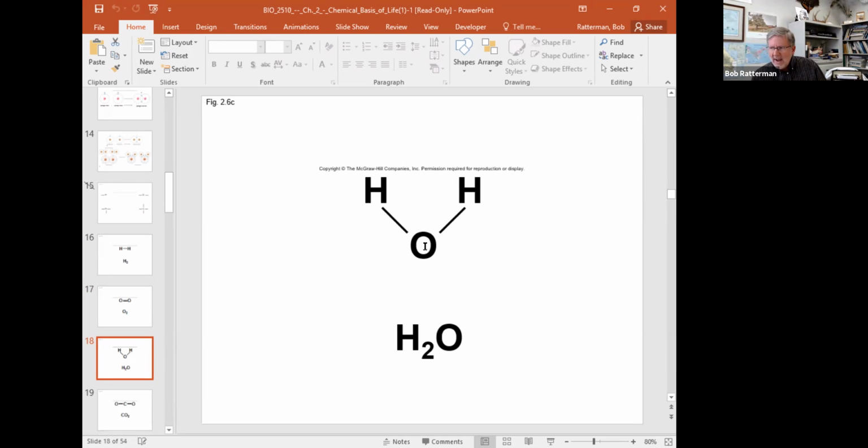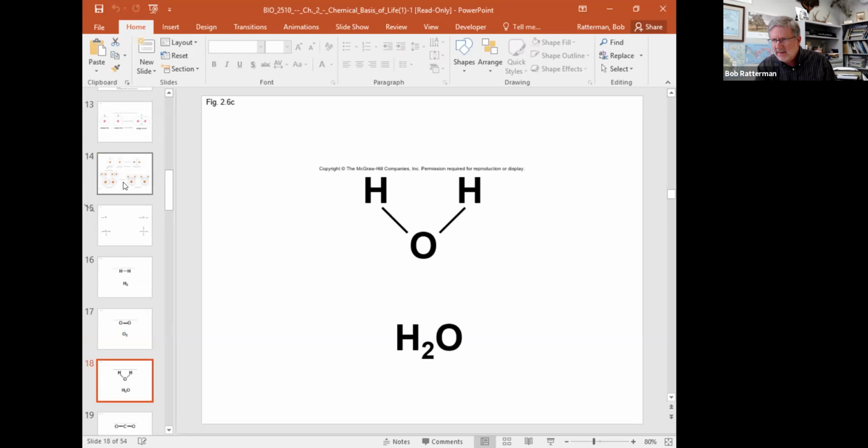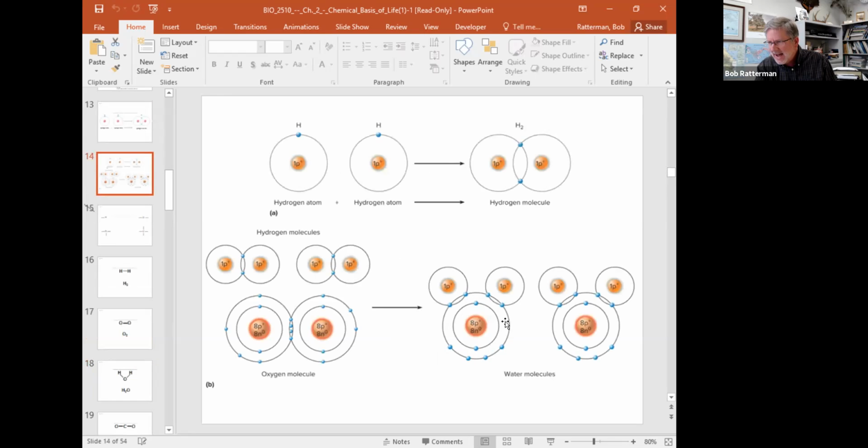Now, you might say, well, why is this angled the way it is? Why isn't it straight out, like the 2 oxygens were? Well, that's a complicated, long lecture topic, but it's pertinent to our discussion of what a hydrogen bond is. When you look at those shared electrons, oxygen is a lot more electronegative, is the term they use.